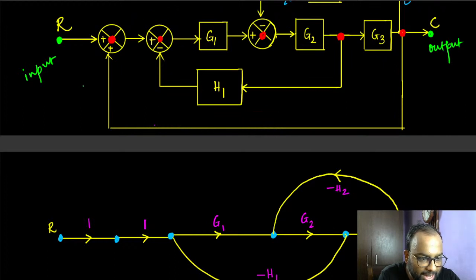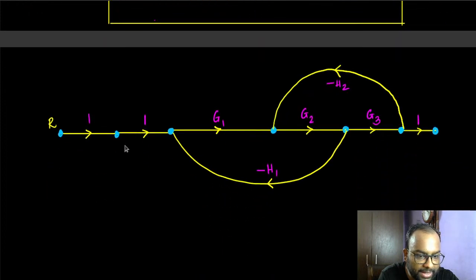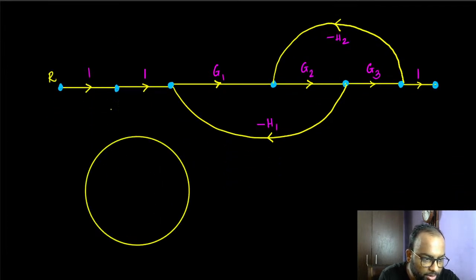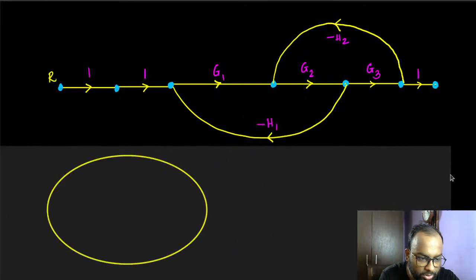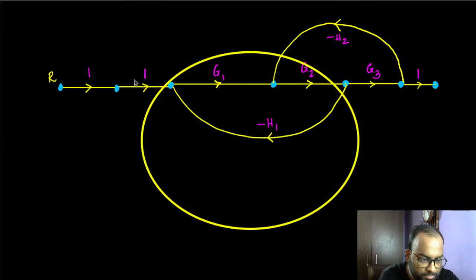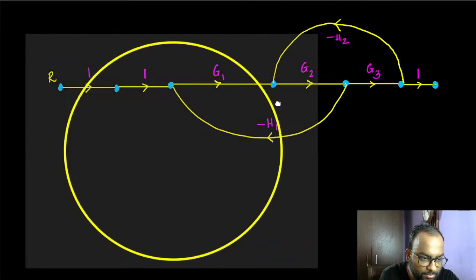Not having this block and having a direct connection with a minus sign here is the same thing. Essentially C goes here, gets subtracted from R, so I get R minus C. So if I want to depict that connection, let me just try doing it my way. Just hold on, this is how I draw things often, and this is how I mess things up as well.